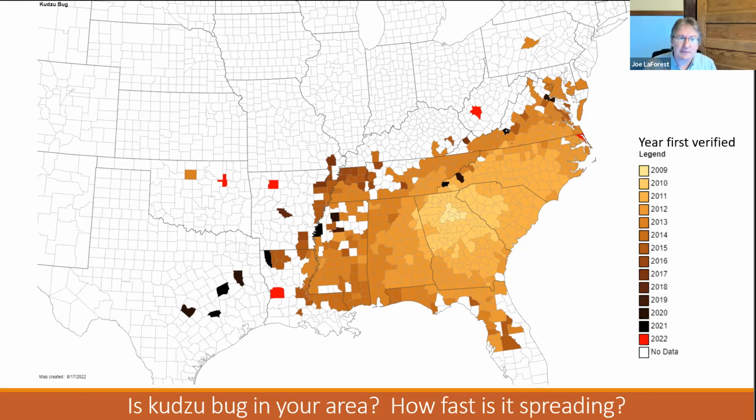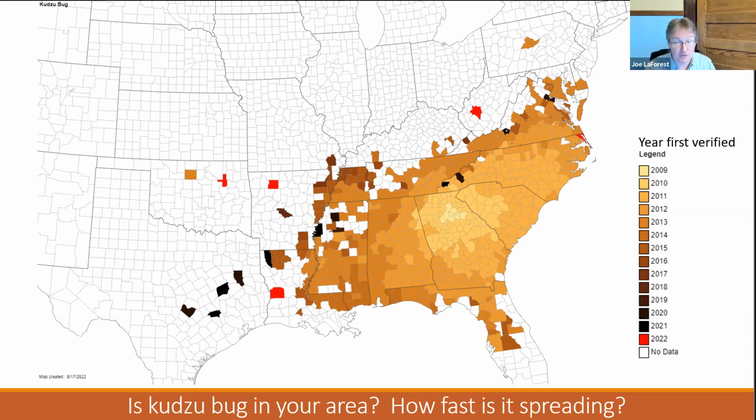It's close, but you're getting the general idea from this of, all right, it started with early infestations here. You can see where that brown's extended to, and you're not seeing a whole lot on the dark end in these counties. So the spread is really slowed down or the reporting slowed down.